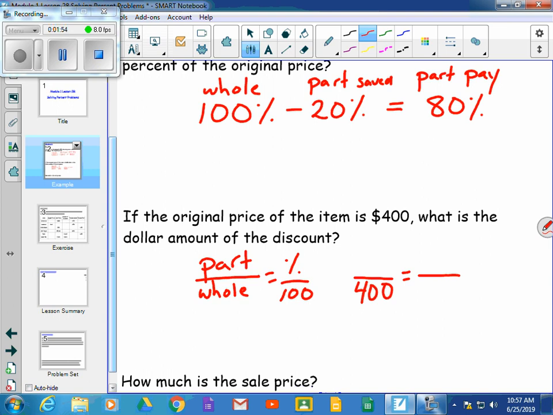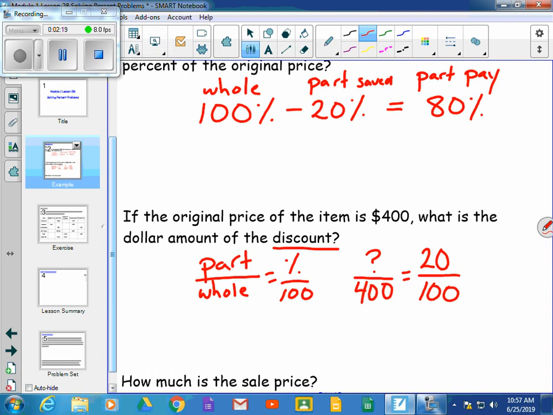We're finding a dollar amount, so we're finding the part. We're finding the dollar amount of the discount, so we're finding what we are saving, how much money we're saving. That must go with the percent that we're saving. And that percent is 20, which always goes over 100.